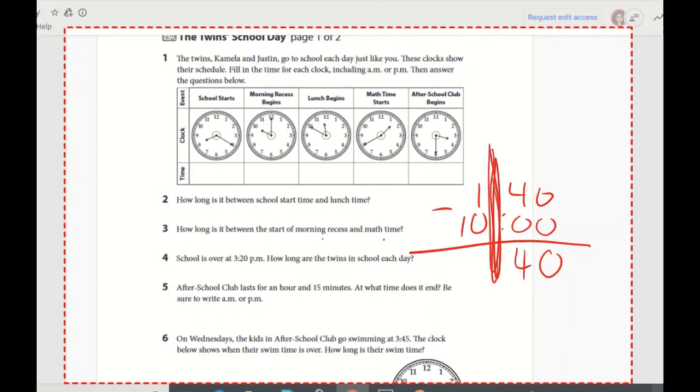Don't forget, this is the line between minutes and hours. Okay, so you can't do 1 minus 10, but since this is a clock and the clock constantly repeats, you could convert this to military time. I know a lot of my students like doing that, so that would be 13:40. Or you could look at the clock and say, okay, I started at 10, 11, 12, 1. That was 3 hours.